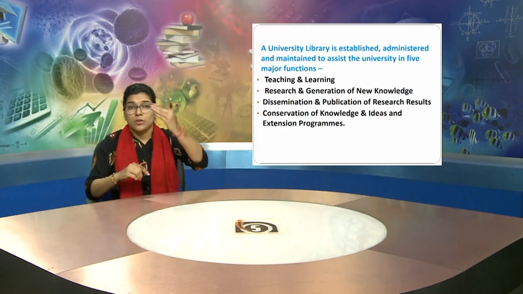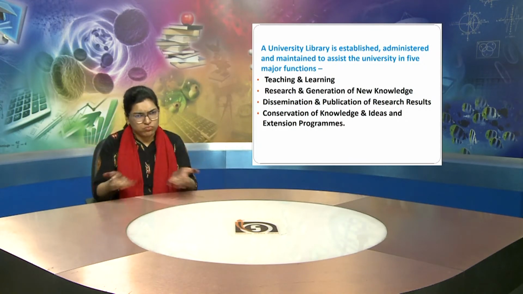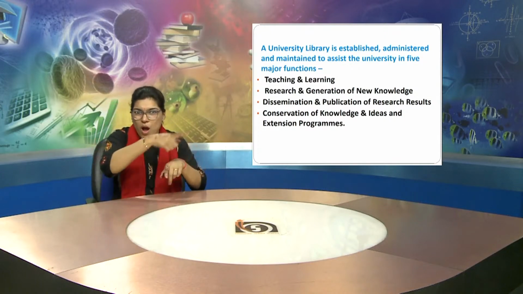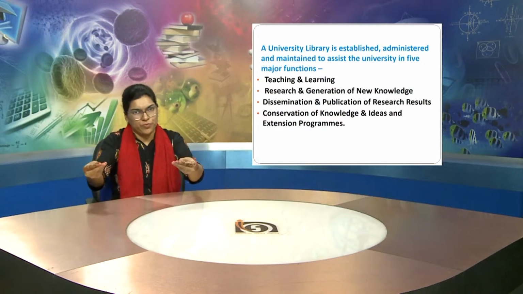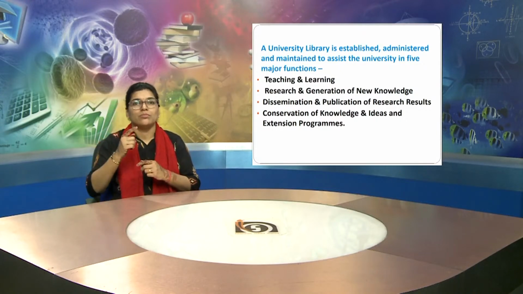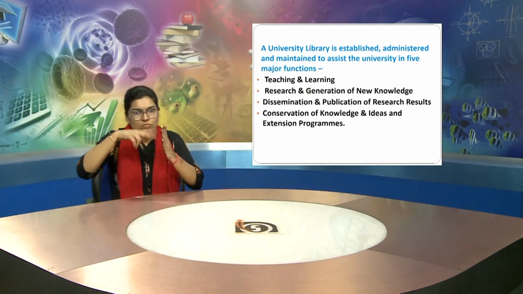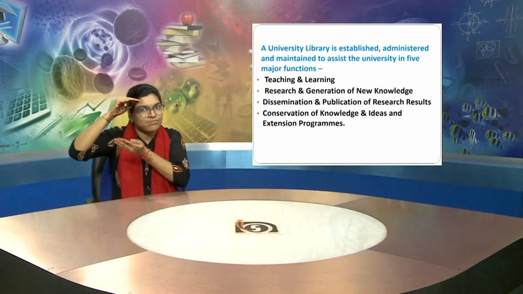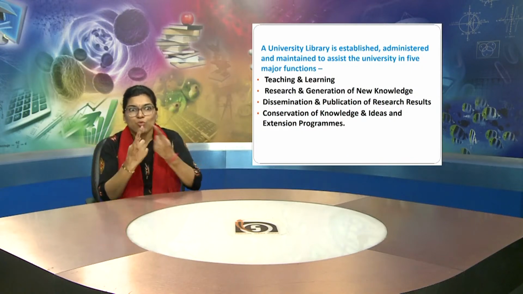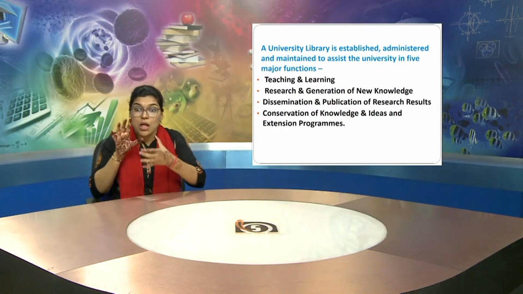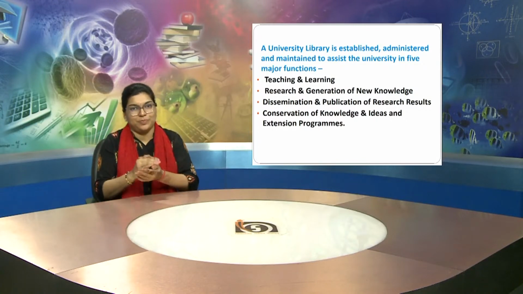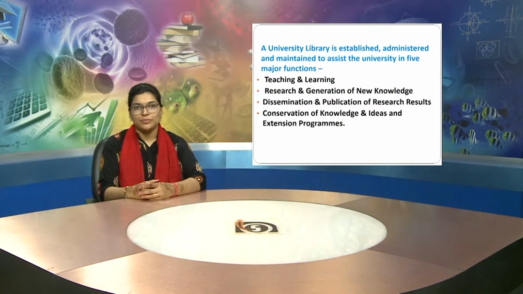The second major function is research and generation of new knowledge. Then dissemination and publication of research results is also one of the major functions. And then conservation of knowledge and ideas. This is the fourth main function. And the fifth function is the extension of programs.